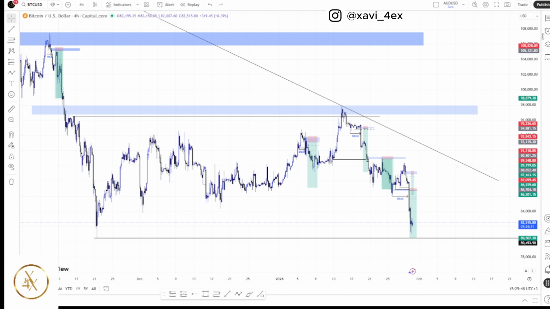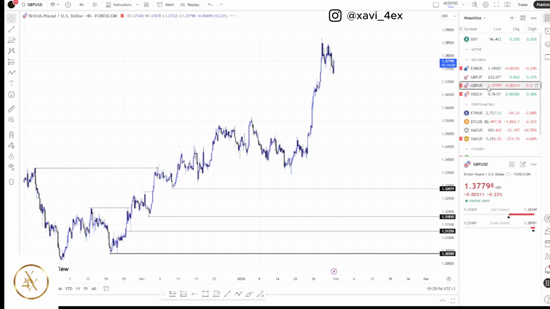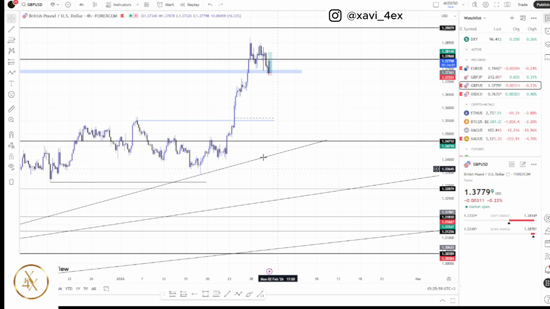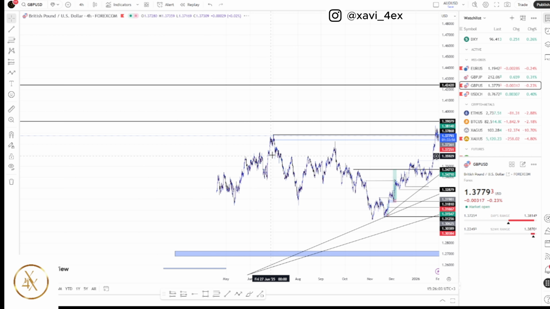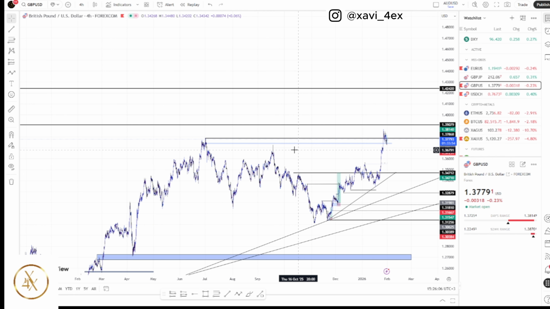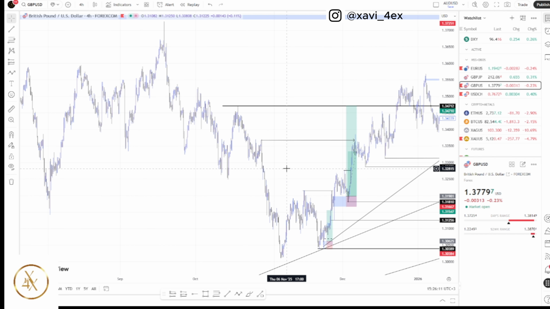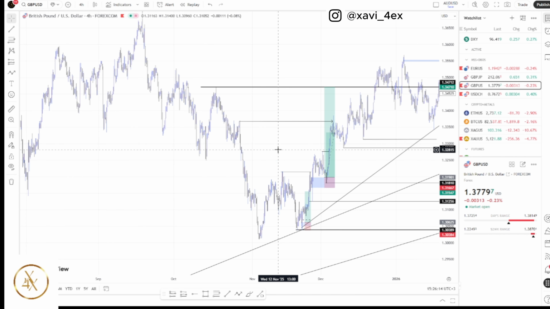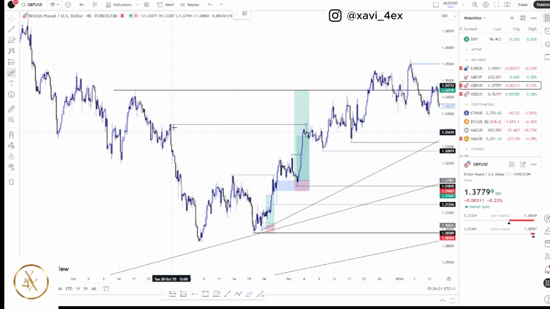So actually I have trades running on GU and Euro USD using directional bias. This is the daily. This is the 4 hour. You can clearly see that once there was a shift in the market here, all this liquidity here is going to be taken out, and it has been.